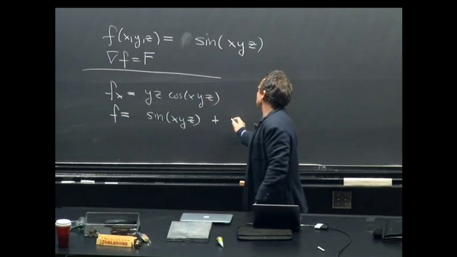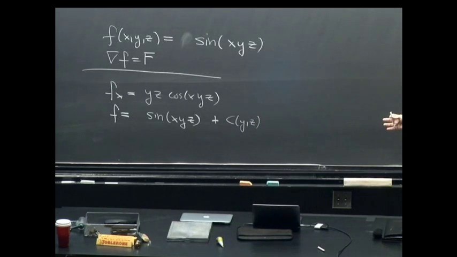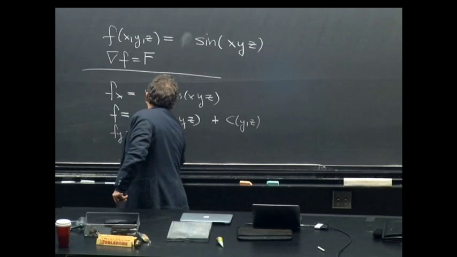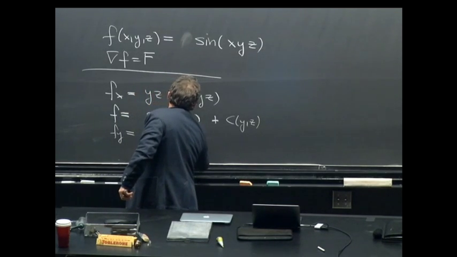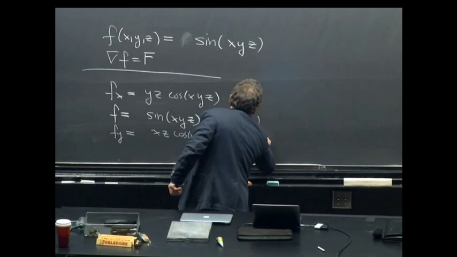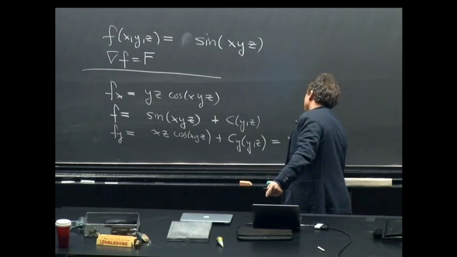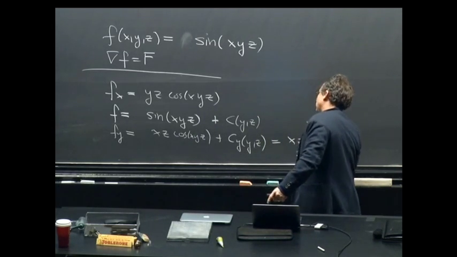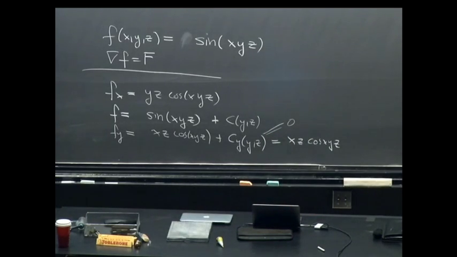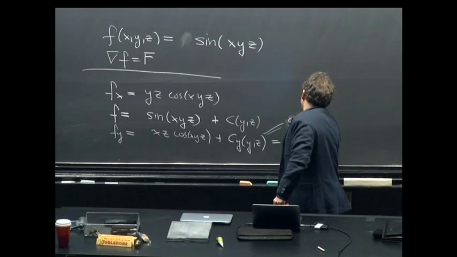The constant can depend on y and z, and then what you do is take the derivative with respect to y, which is xz cosine xyz plus c_y, and that's equal to xz cosine xyz, because the problem tells you what f_y is. And now you see that c_y is equal to 0. So it's actually just a function of z only.